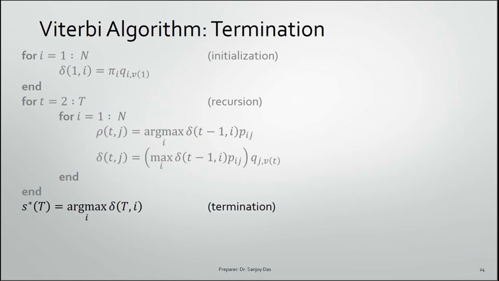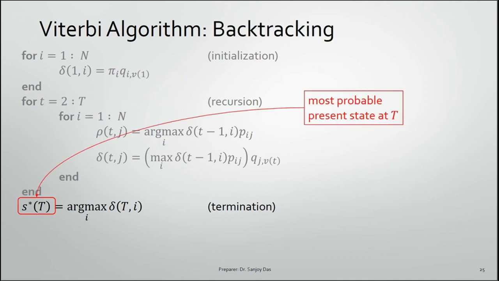After running the main algorithm, S star t equals argmax over i of delta ti. We don't need the probability of the string. We need the string itself, and here we extract the last entry of the string S star. So this S star t is the most probable state at time t.